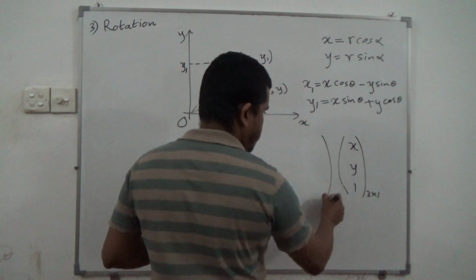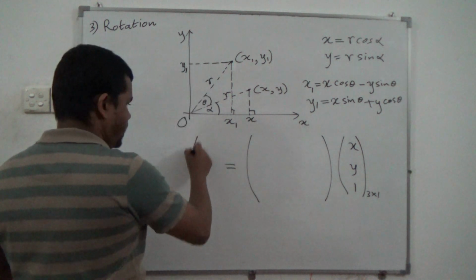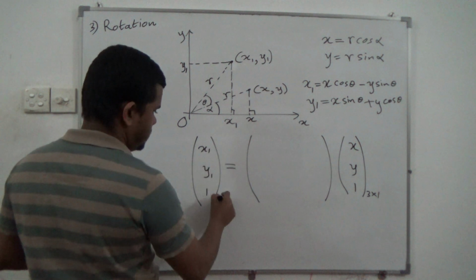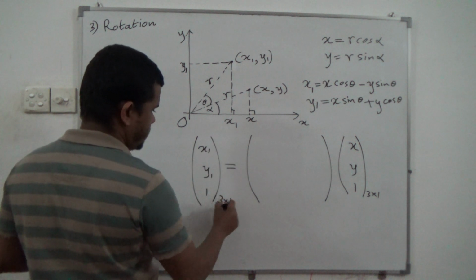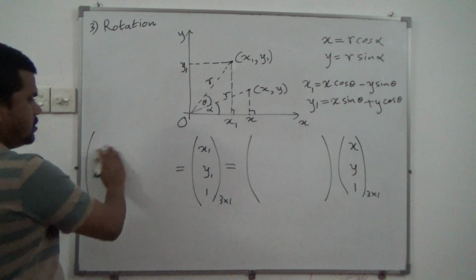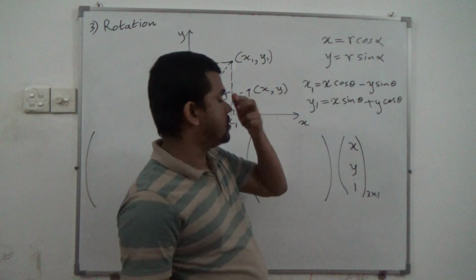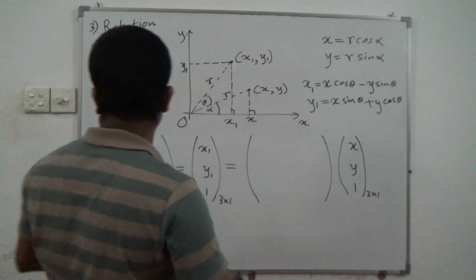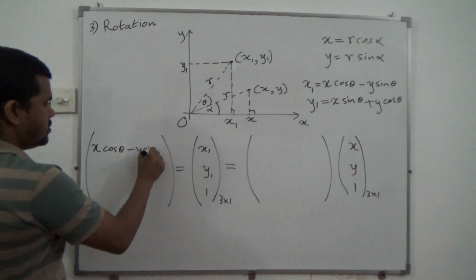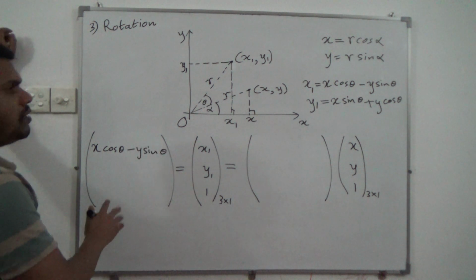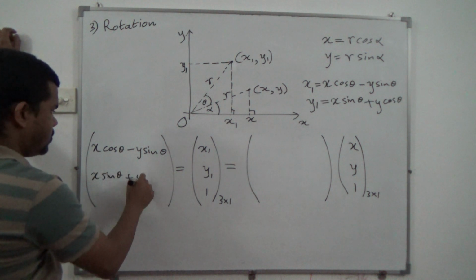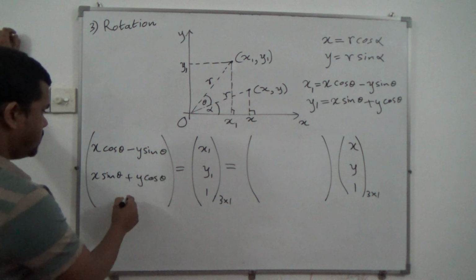Now here we have another matrix, and we have to get x1, y1, 1, a 3 cross 1 matrix, which means x cos theta minus y sin theta, y1 means x sin theta plus y cos theta, and here we have 1.